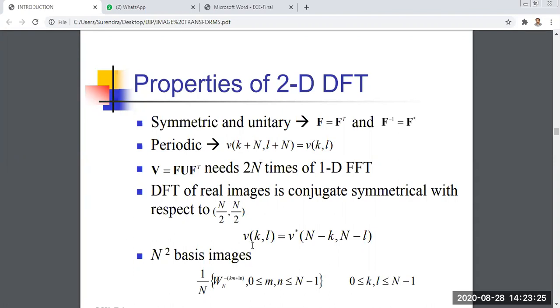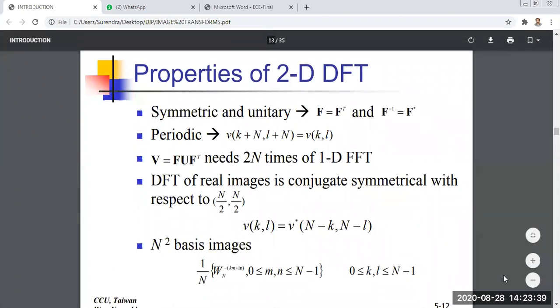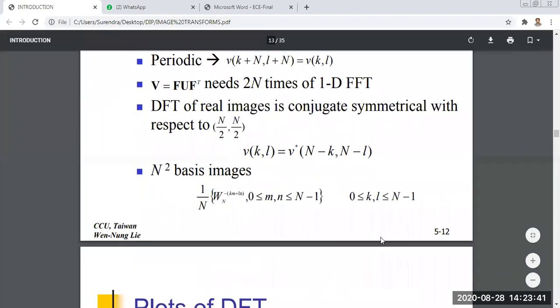That means V of k comma L is equal to V star of n minus k comma n minus L. And how many operations are required? N square. N into n means n square basis images are available in our two-dimensional discrete Fourier transform. These are the properties.